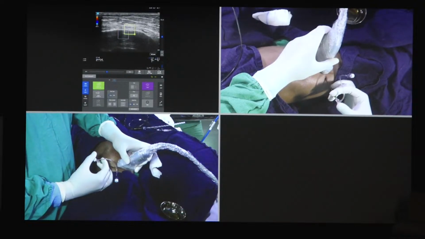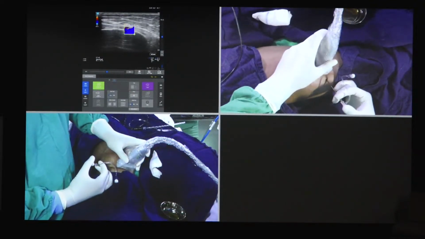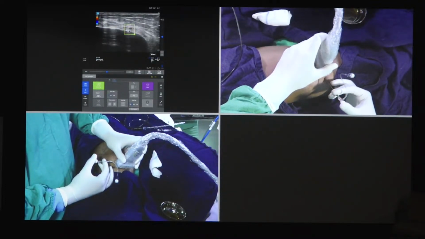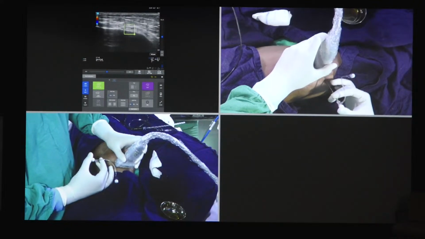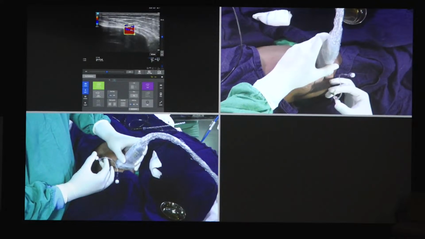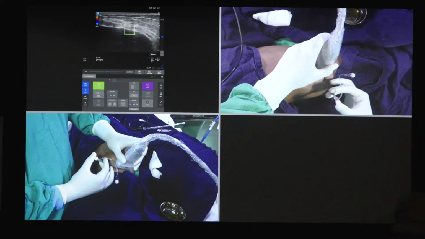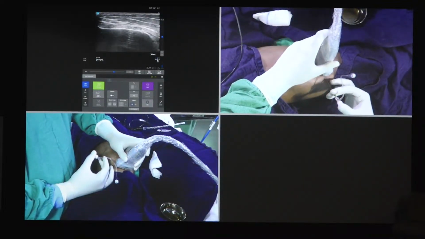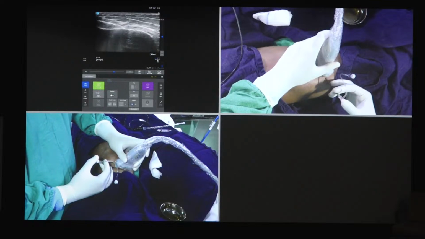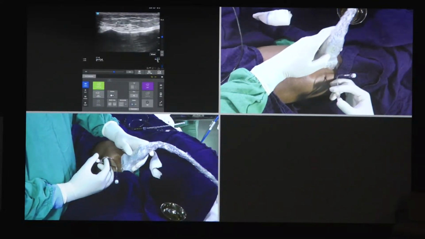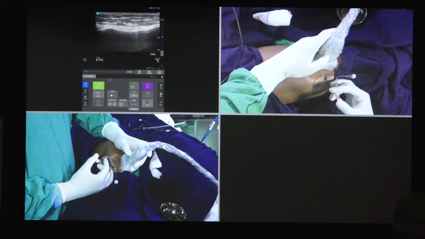Yeah. Okay, you can just remove. Okay. So again, you can see I'm just at the midpoint, and again I'll confirm in the short axis. So this seems to be fine.